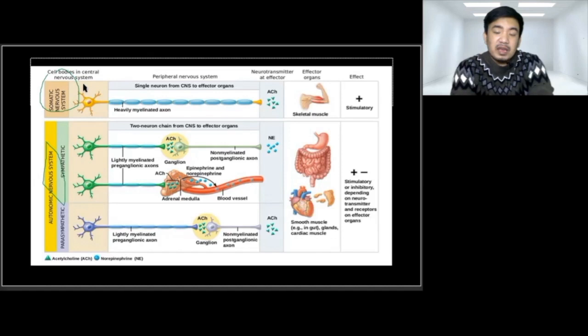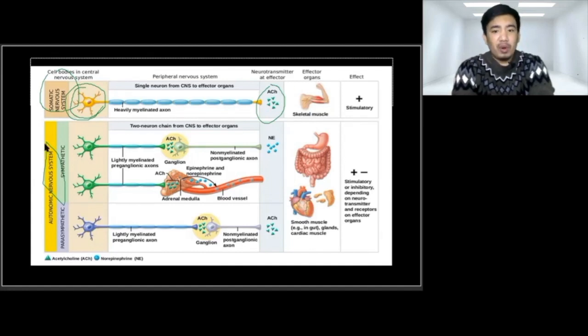Alright? If the dendrites receive the nerve impulses, it will transmit through our axon until the release of our acetylcholine neurotransmitter, and it will have a stimulatory effect on our skeletal muscle. Again, what made the somatic nervous system voluntary? Because of the effector organ, skeletal muscle, which is voluntary in nature.